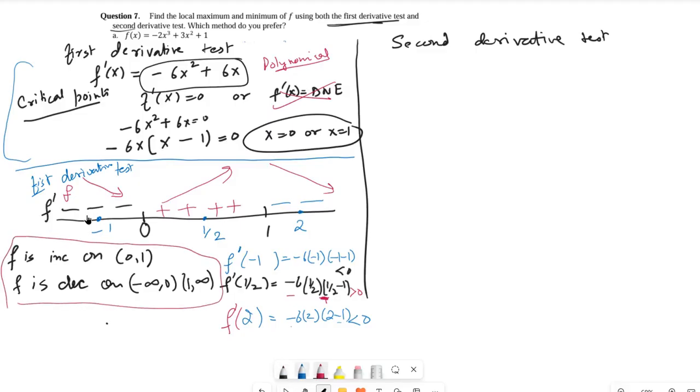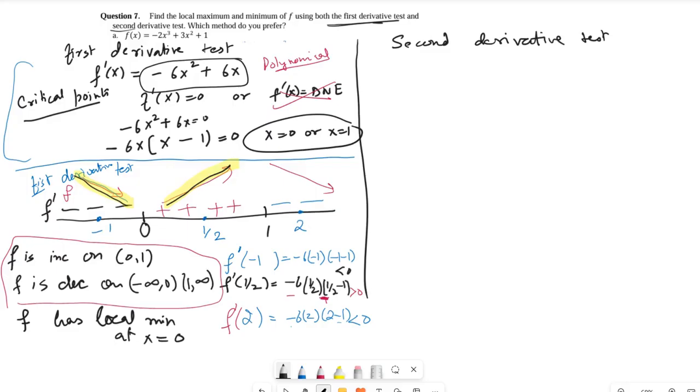But we can also tell about local max and minimum. What is the criterion? If f prime changes from negative to positive, you see it is going down and then it started to go up. Then we say f has a local minimum at x equal to 0 because it's going down and then started to go up.